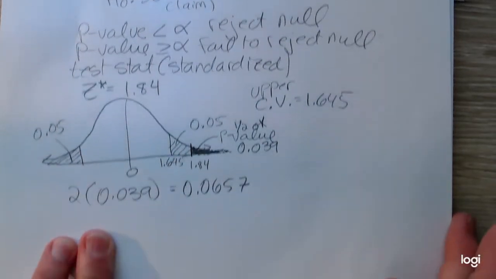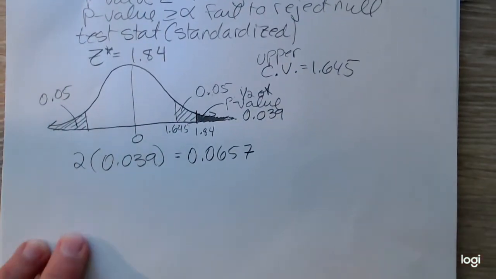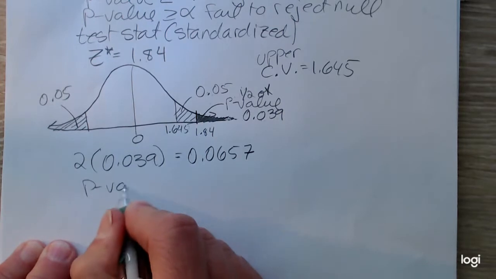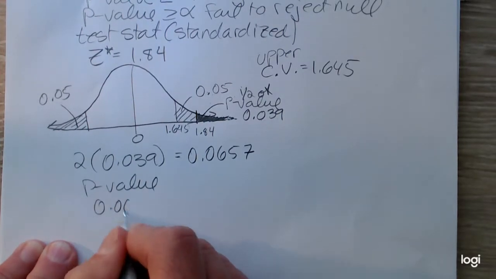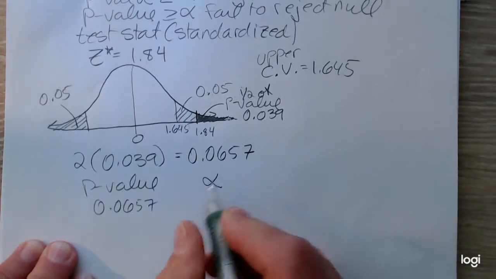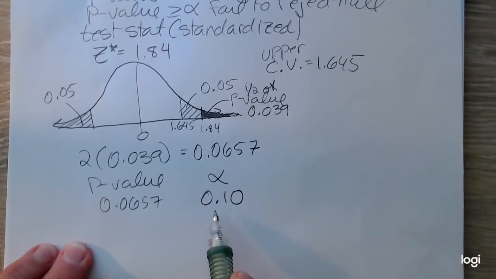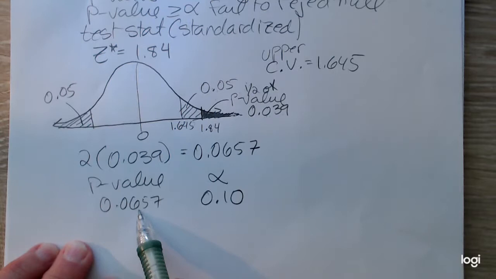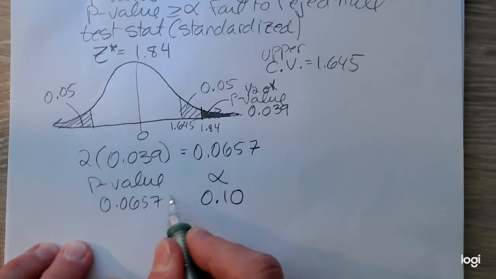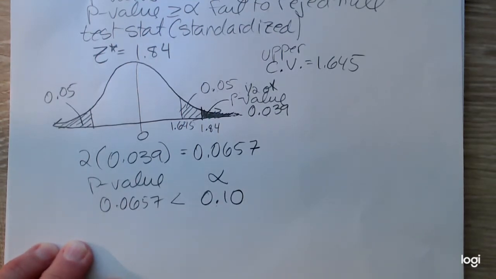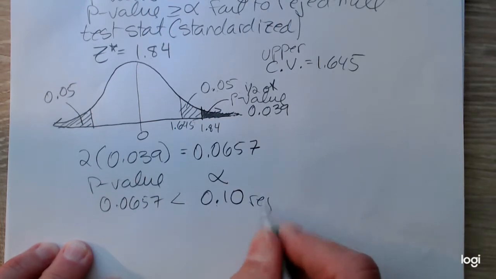Otherwise, we're going to fail to reject the null. So here's my p-value of 0.0657, and here's alpha, 0.10. 0.0657 is less than 0.1. When that is the case, we reject the null.